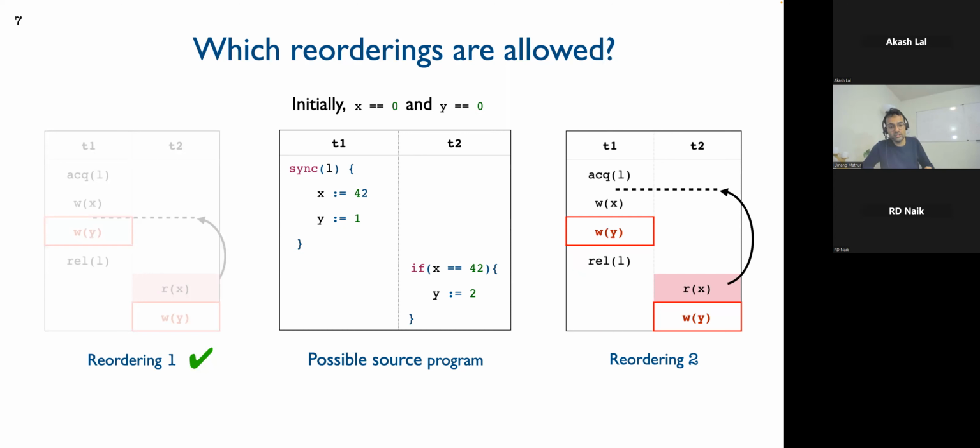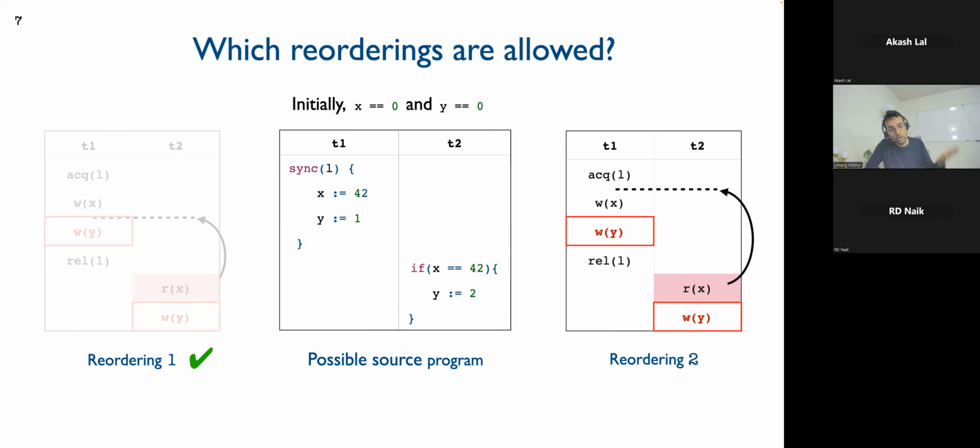This is one possible program that might have given rise to this execution. Initially both x and y are assigned 0, and we have two threads T1 and T2. In the first thread, inside the critical section of lock l, I assign x to 42 and then assign 1 to y. In the other thread, I read the value of x, check whether it is 42, and only then do a write of y.